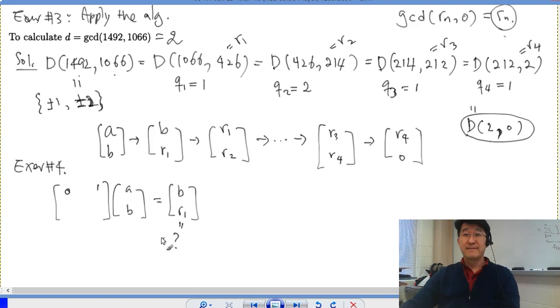Got it? All right. What is it? 1 and negative Q1. So it's negative 1 here, right? Right. You have R1, it's negative Q1, right?